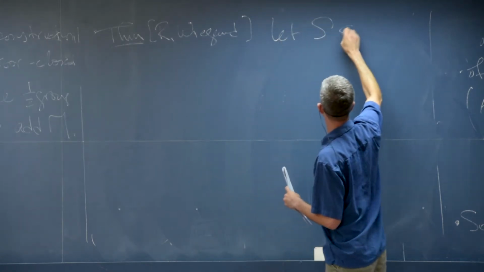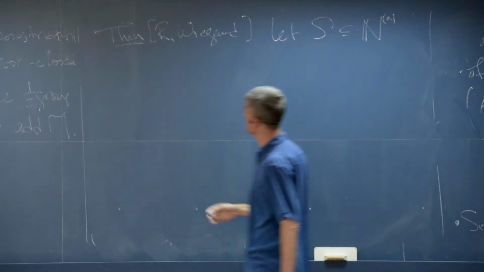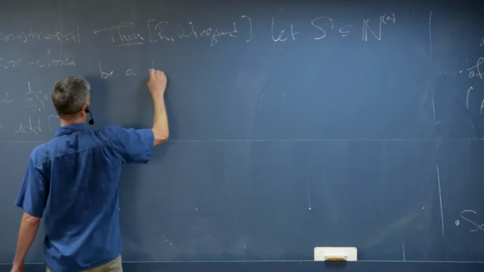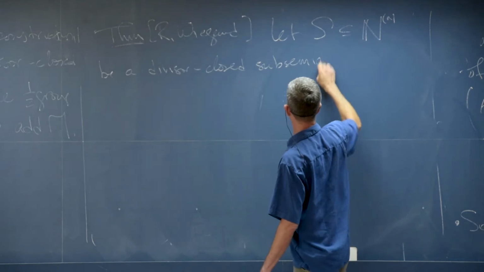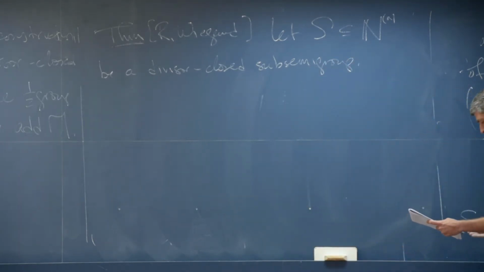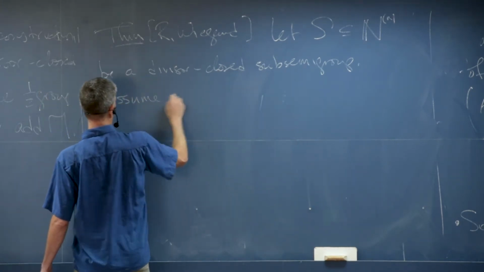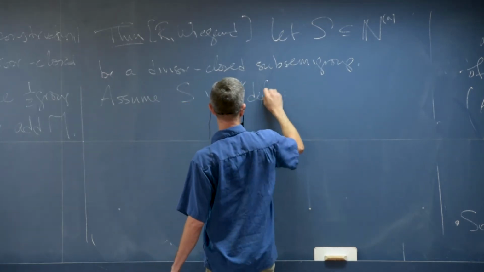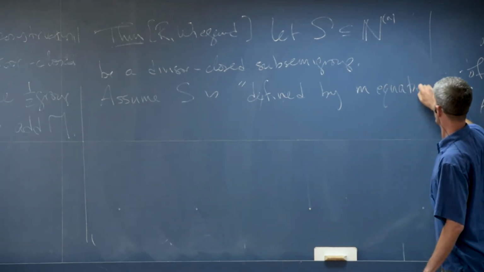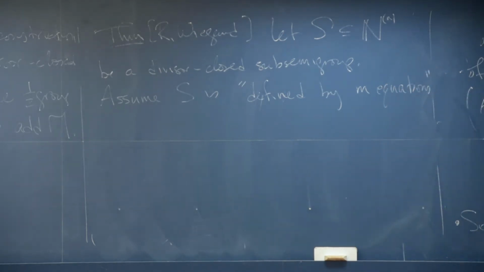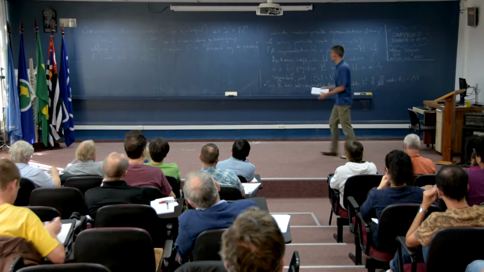Let S inside the natural numbers to the N be a divisor closed sub-semigroup. And let's assume S is, and I'm not going to define this, I think you can probably guess more or less what it means, cut out of the free subsemigroup by some equations. Let's just say M of them.